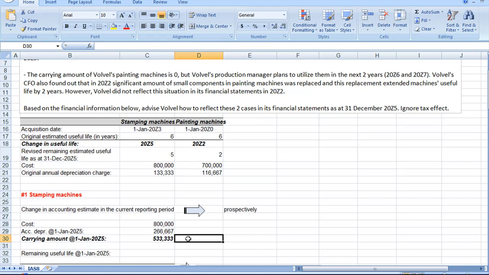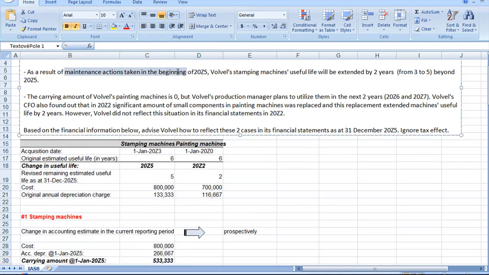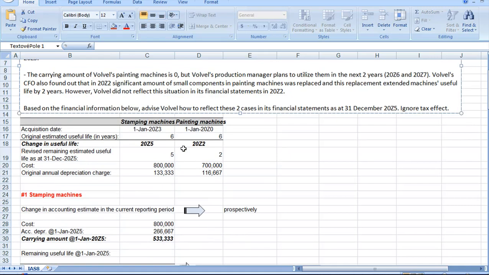Well, because you need to account for the change in accounting estimate both in the current and future periods, and as the changes on the asset happen in the beginning of 2005, it is appropriate to adjust the annual depreciation charge for the current period too, right?